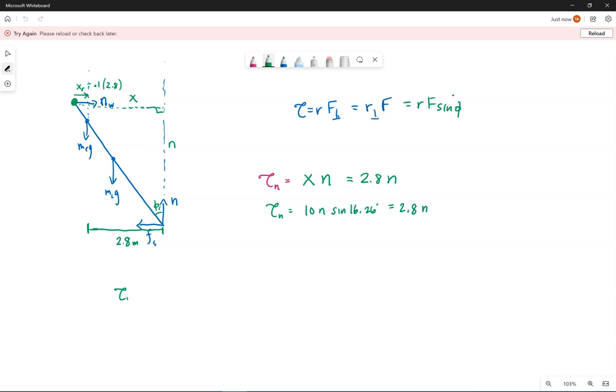So we could say the torque due to Romeo is not only 0.1 times the entire length times the m g of Romeo times the sine of 16.26, we can say that it's 0.1 times 2.8. This is the perpendicular distance times the mass of Romeo times g.